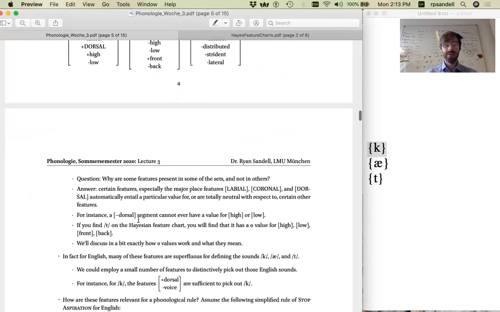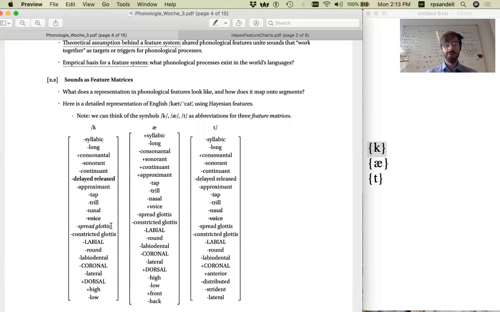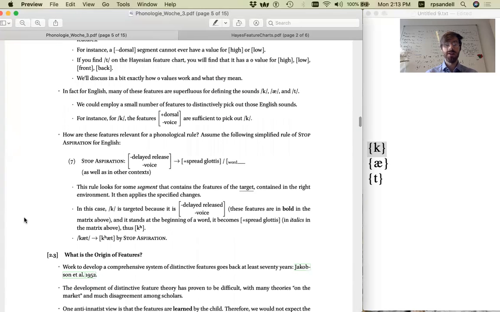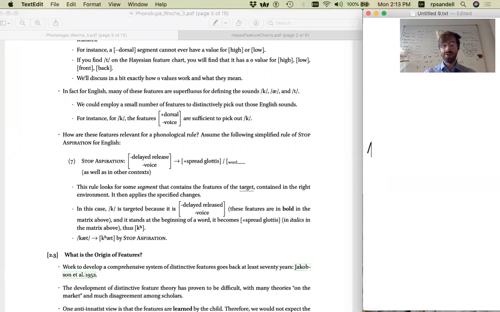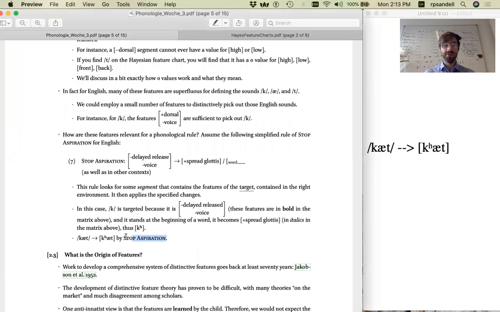The value for this feature, plus spread glottis, will change from minus to plus under those conditions. So we would say that the underlying representation of the word referring to this class of felines is going to be realized with aspiration of that stop at the left edge of the word by the application of this rule.